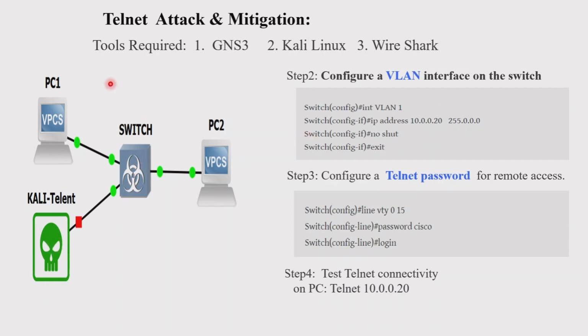In order to demonstrate this and perform this Telnet attack, we'll go back to GNS3. We are going to use Kali Linux, and this time we will use the Wireshark network analyzer to see the entire traffic.